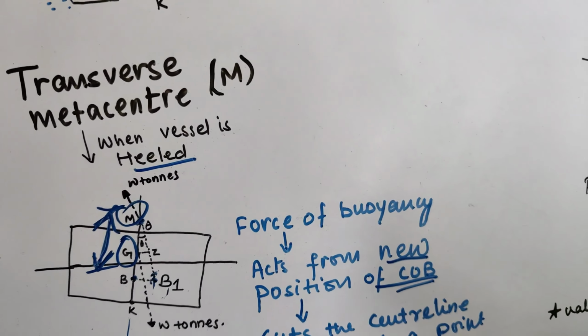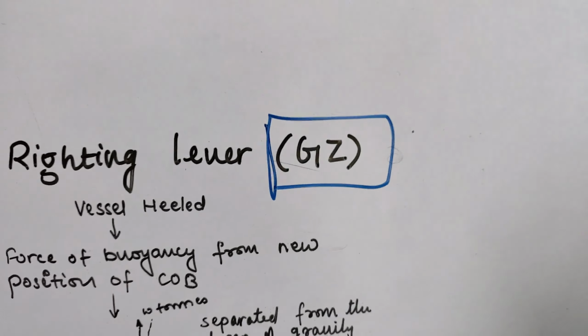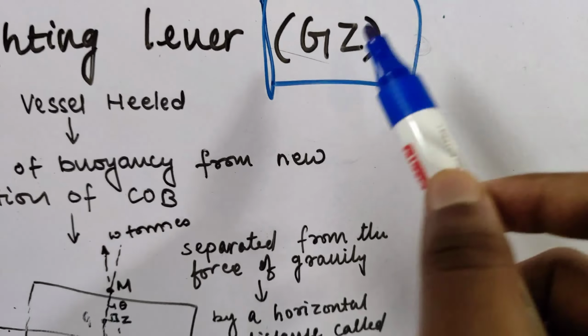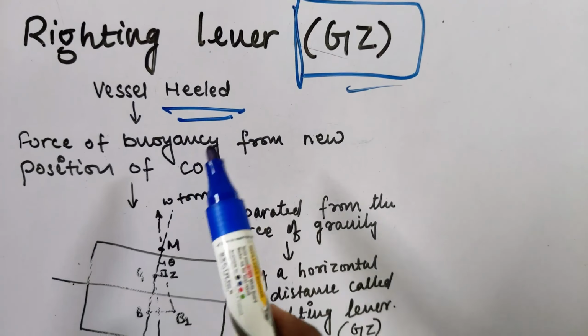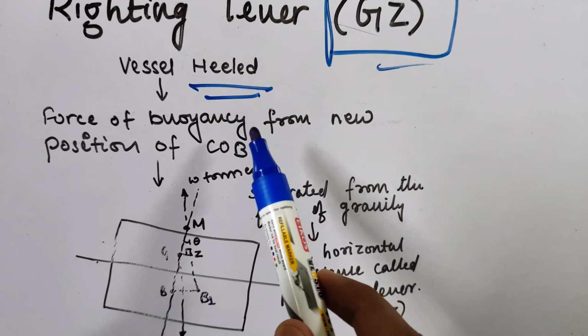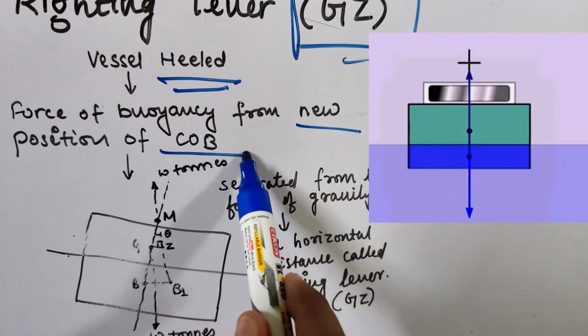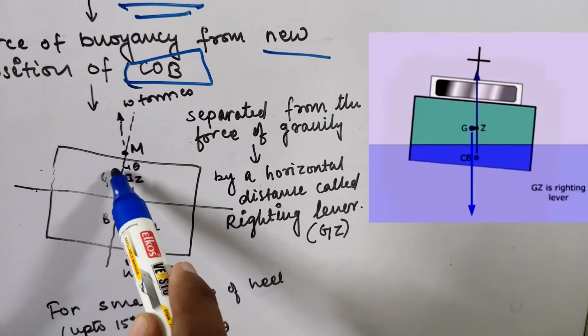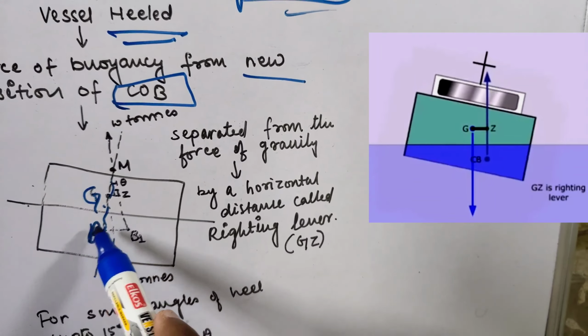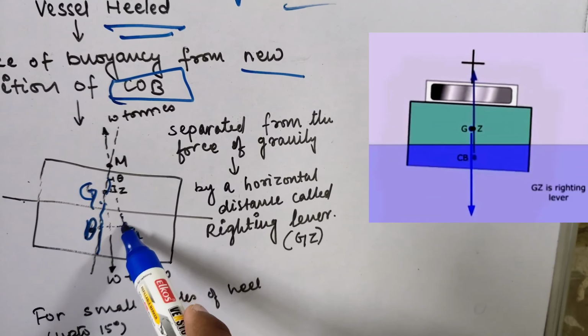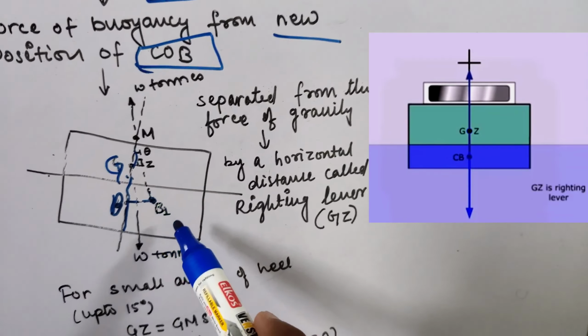Now let's discuss righting lever, denoted by GZ. When the vessel is heeled, we all know that the force of buoyancy acts from a new position of center of buoyancy. This is B and this is B1, the new position of center of buoyancy.